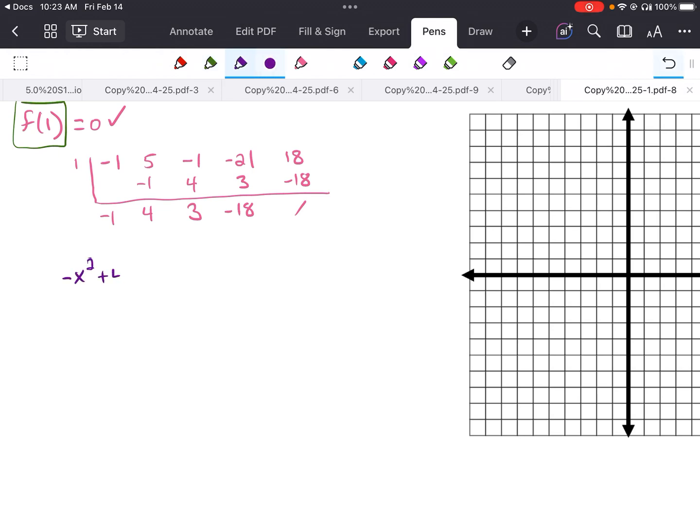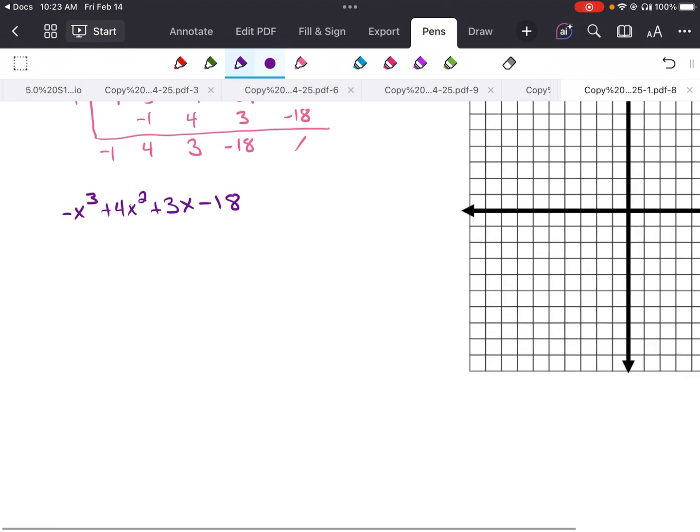Okay, so we're left with negative x cubed plus 4x squared plus 3x minus 18. And I try some more numbers, and I've come to realize that 3 is also a factor of this.